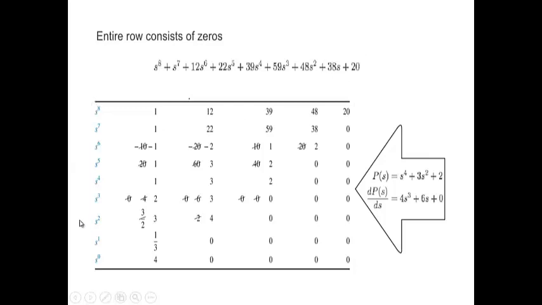So macam biasa, you fulfill all the orders here, and then you masukkan 1, 1, 12, 22, 39, 59, 58, 38, 20, kosong. When you calculate that, you akan nampak di sini pada S3 berlakunya kosong pada setiap entire row.